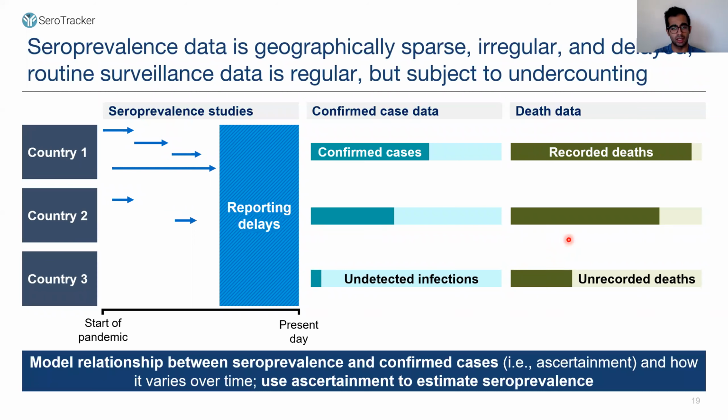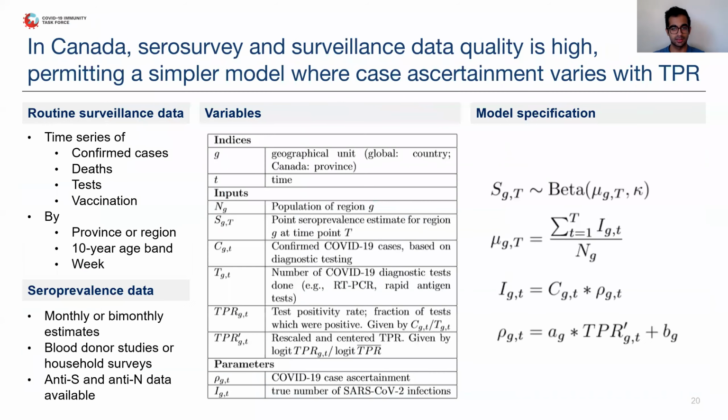And what we've been thinking about to do that is to model the relationship between seroprevalence and confirmed cases and how that varies over time, and then to use ascertainment to estimate seroprevalence, and ultimately to bring deaths into the picture, but we aren't quite at that stage yet.